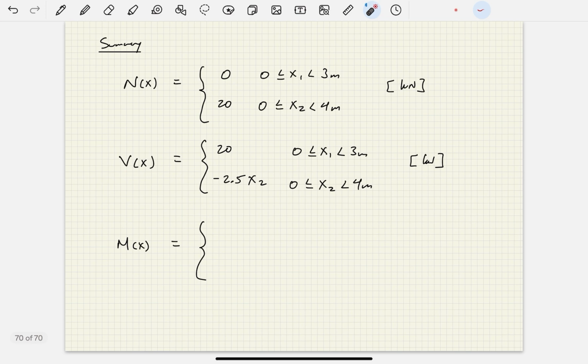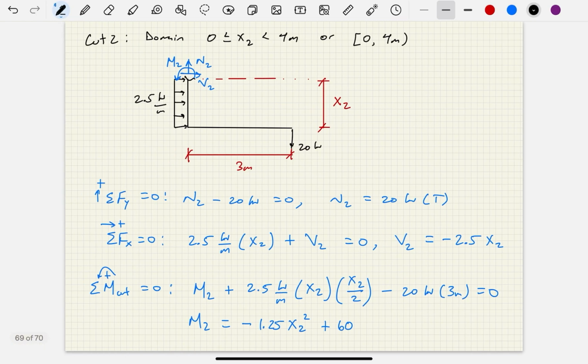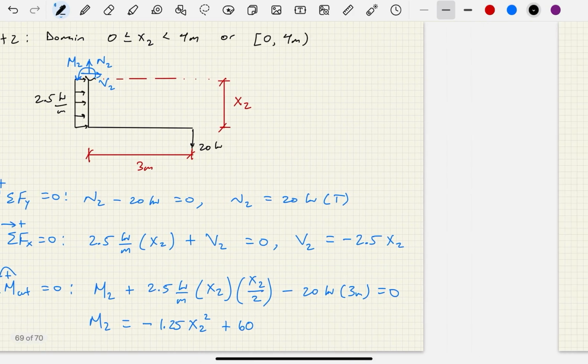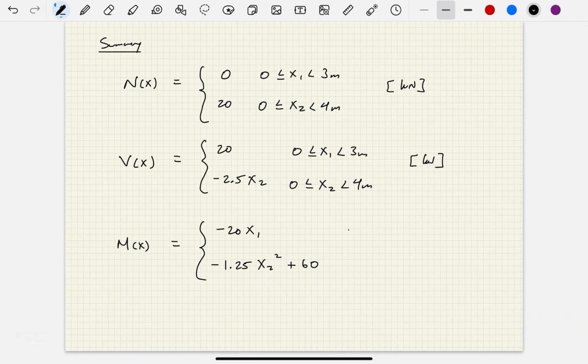So writing that here, this is negative 20 x1, and then M2 is negative 1.25 x2 squared plus 60, right? And we'll put the domains there, 0 to x1 up to 3 meters, 0 to x2 up to 4 meters, and this collectively has units of kilonewton meters.